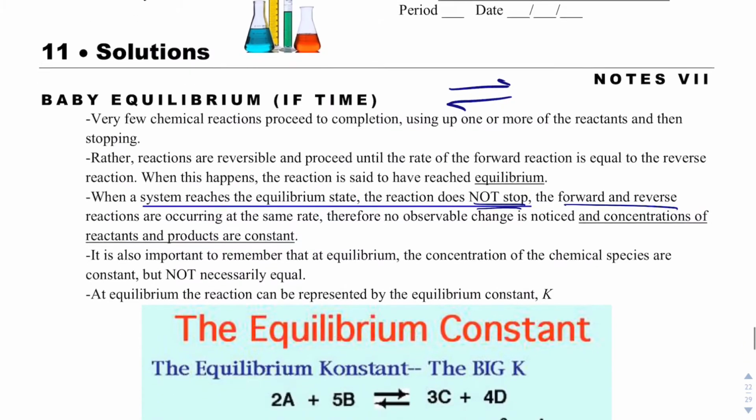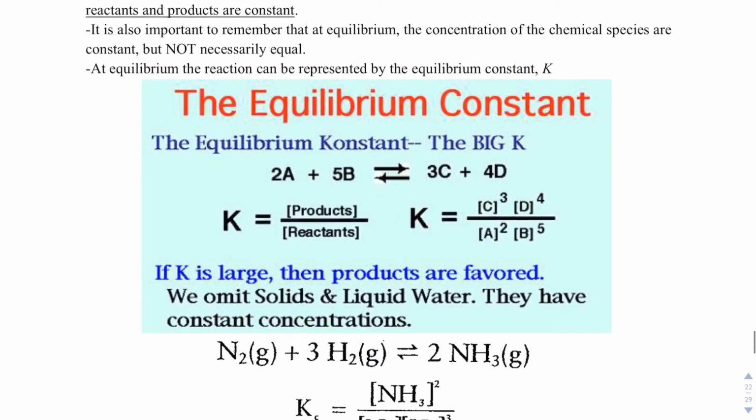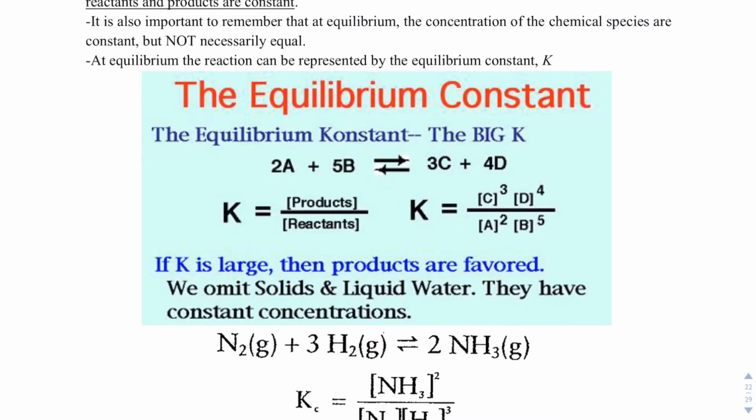Now, to figure out equilibrium, there's something called an equilibrium constant, and it has a symbol of a big K. K is equal to the products divided by the reactants. If I want to write the K expression, we have our products C and D, and we specifically care about them in brackets.